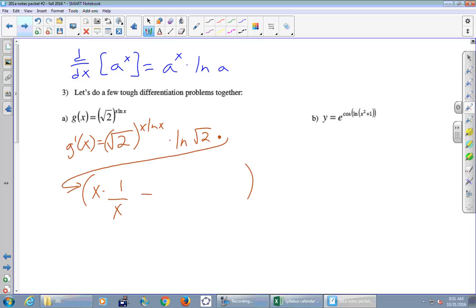Product rule continues, plus the second, ln of x, times derivative of the first, 1. Yeah, 1 plus ln of x is pretty much the only thing we can do here. 1 plus ln x is what simplifies in the parentheses. Questions on that one?